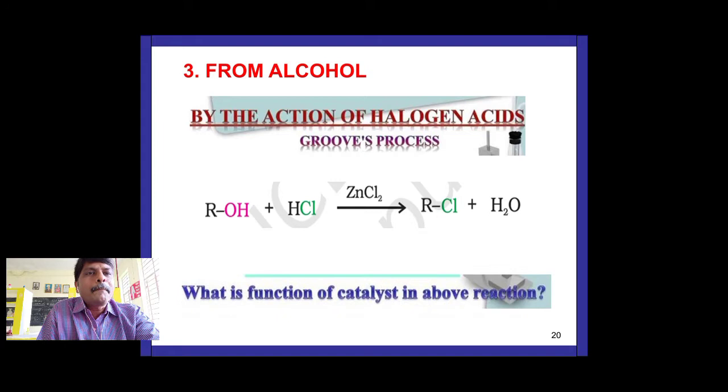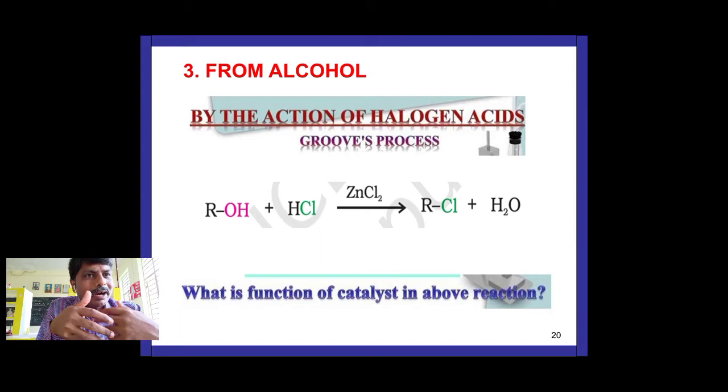What is the function of catalyst in the above reaction? That means what is the catalyst here? Anhydrous ZnCl2. What is the function here? What is the role of ZnCl2? To remove H2O. Dehydrating agent. From ROH, OH, from HCl, H. So total H2O molecule is eliminated.